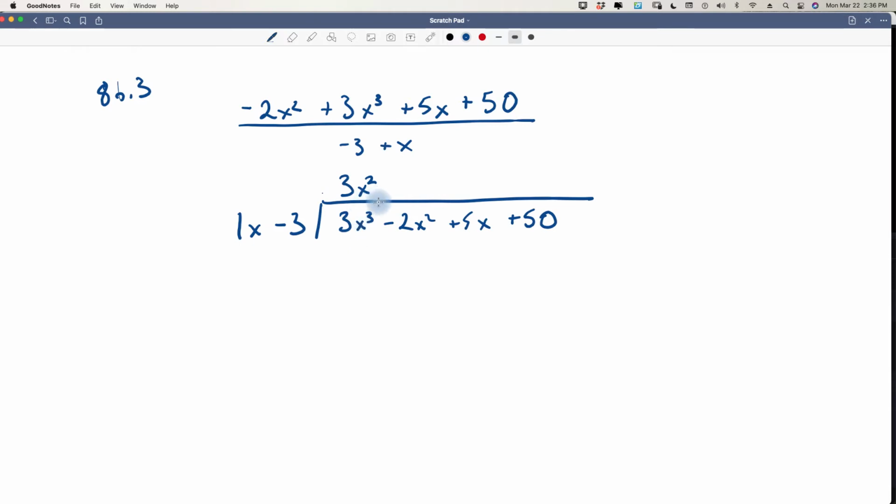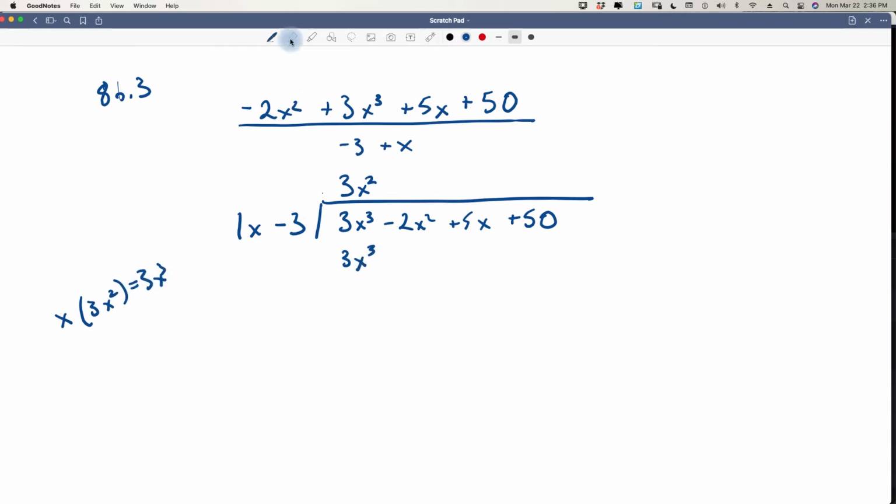So now, when we did long division in elementary school, you would subtract and get the difference of that to move on to the next number. We're going to do the same thing here. So 1x times 3x squared is going to be 3x cubed. If you don't believe me, x times 3x squared equals 3x cubed.